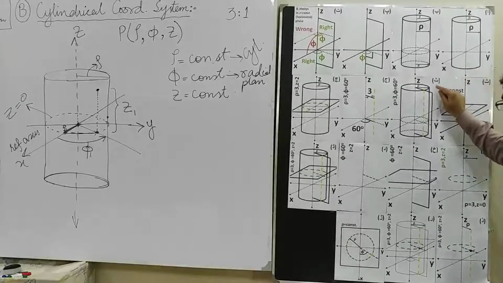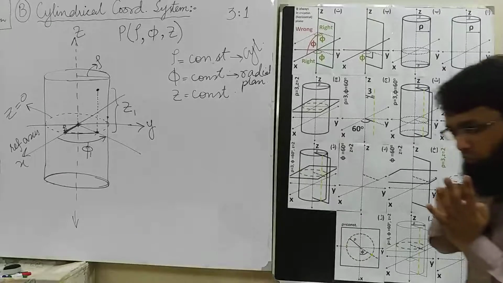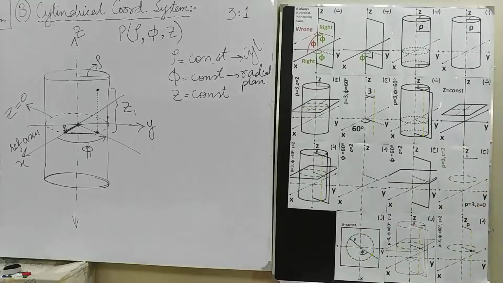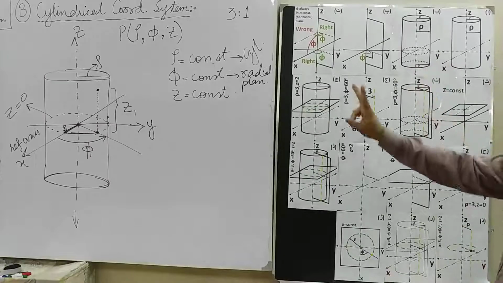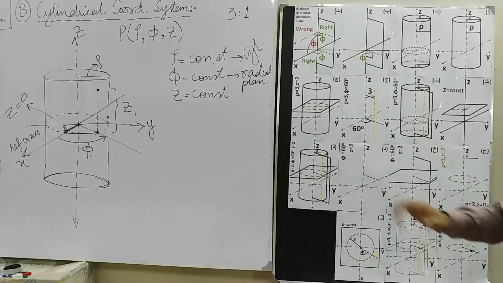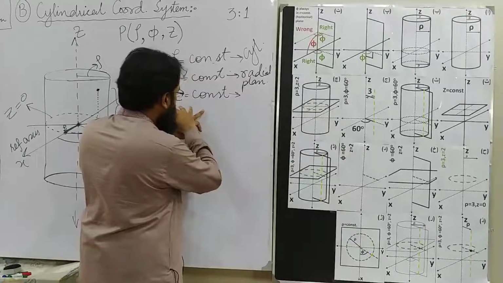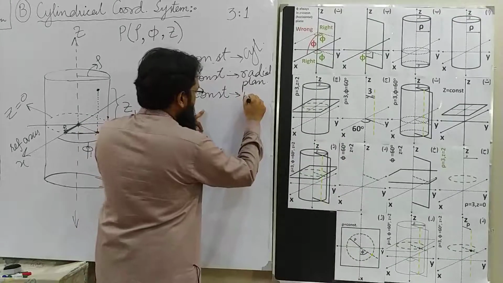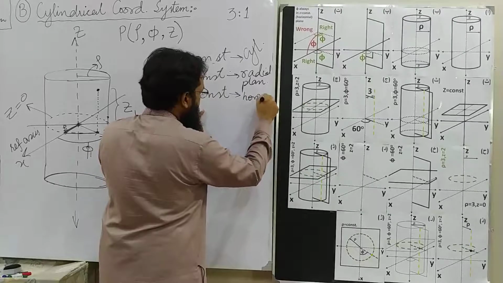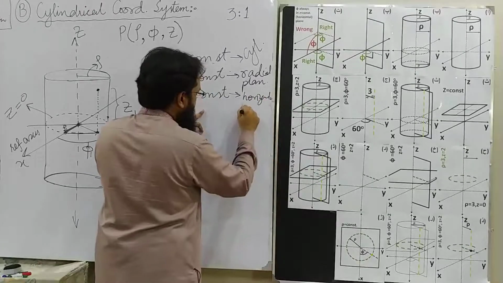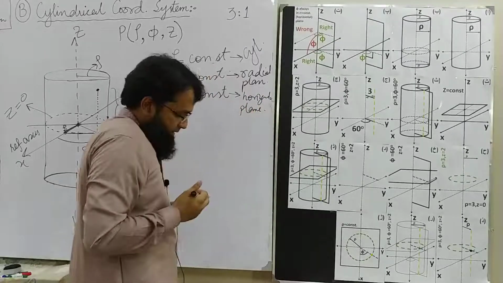Now from this next figure, what I'm trying to do is plot two fundamental surfaces at a time. Just for the sake of completion, this will be the horizontal plane.